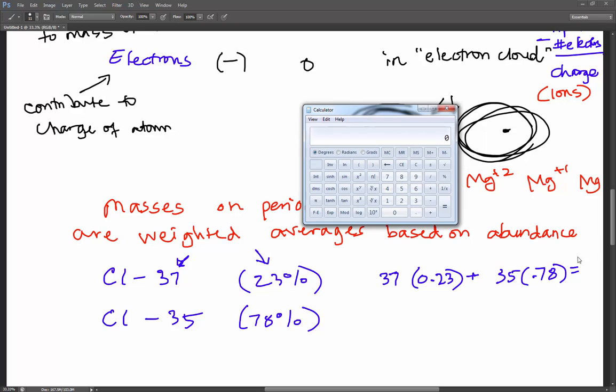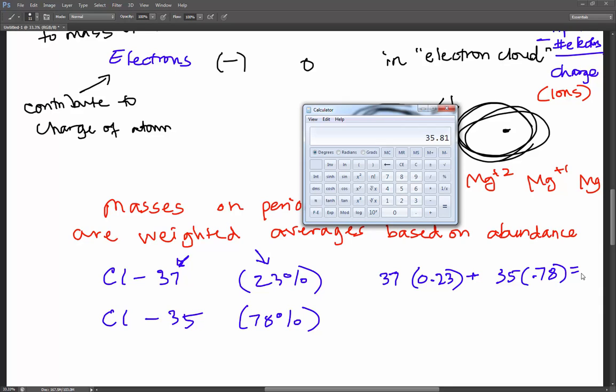But if I plug this into the formula and just say every individual mass multiplied by its relative abundance, added together, then I'm going to get what is called the average mass. But it's not an exact average, it's a weighted average.